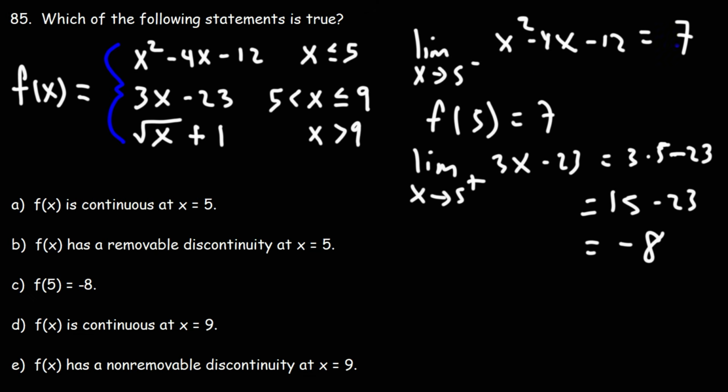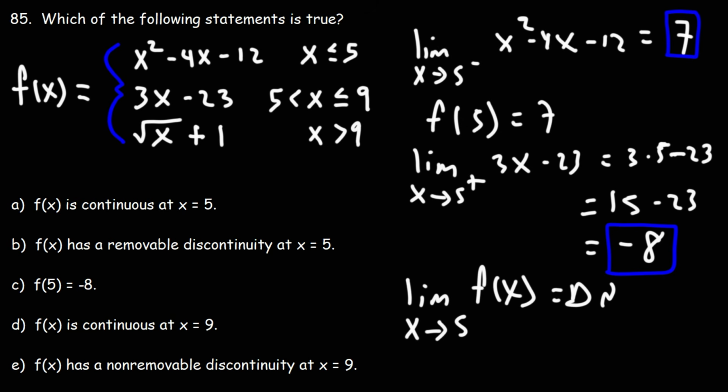So notice that the left-sided limit and the right-sided limit do not match. Therefore, the limit as x approaches 5 in general of f of x does not exist. Because there's a mismatch, what we have here is a jump discontinuity.